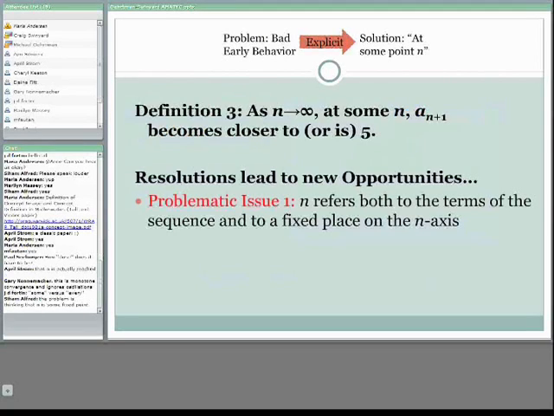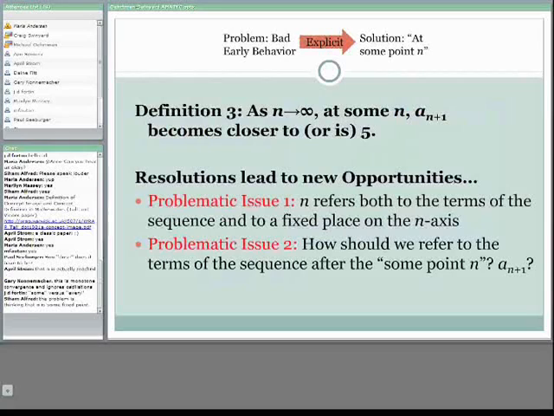Okay, so I'm going to focus now on the two problematic issues of the n being a fixed point and it being the point where it's related to things getting closer or decreasing errors. The two students in our study didn't actually notice these issues.